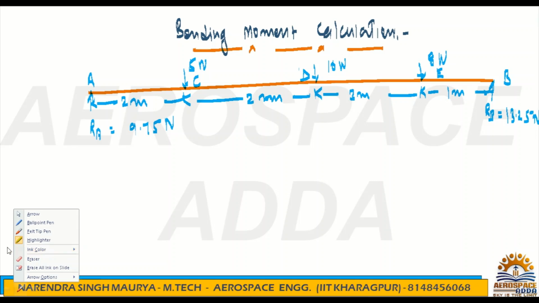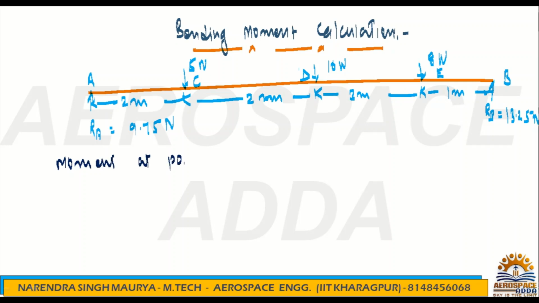So if you go for the calculation of moment at point A, you can write MA. Always remember, if it is not an overhanging beam, if it is a simply supported beam, then at the end points, whether A or B, that moment will be zero.